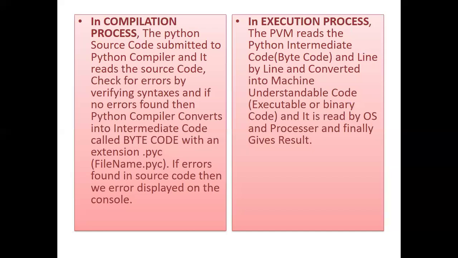If errors are found in the source code, they will be displayed on the console. In the execution process, PVM reads the Python intermediate code line by line and converts it into machine understandable language, that is binary code, which is read by the OS and finally gives the result.